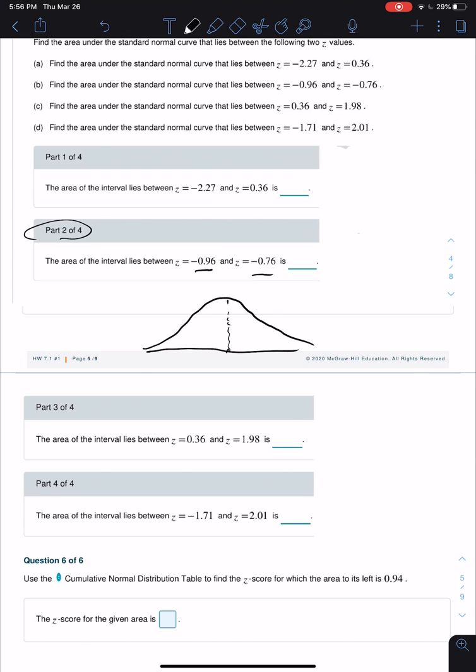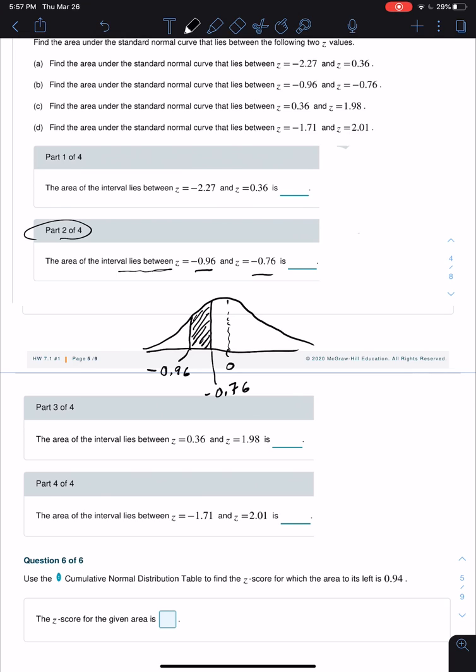There's our mean right there. A negative 0.96 will go there. And a negative, let's write about here, negative 0.76. So we want to find the area of the interval that lies between these two. So we want this area right here.